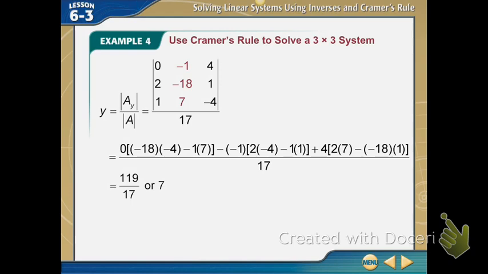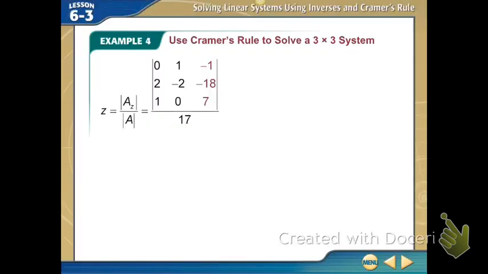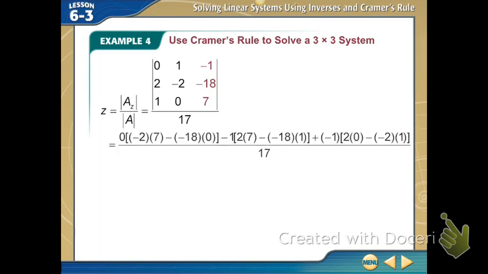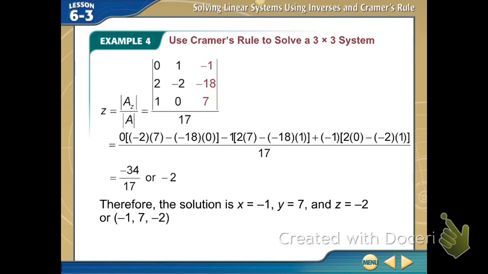And we can do the same thing for z, putting all the answers to the equation in for the coefficients for z, finding the determinant of the numerator, dividing by the determinant of the standard coefficient matrix, and we get z is equal to -2. So our final answer is going to be -1, 7, and -2.